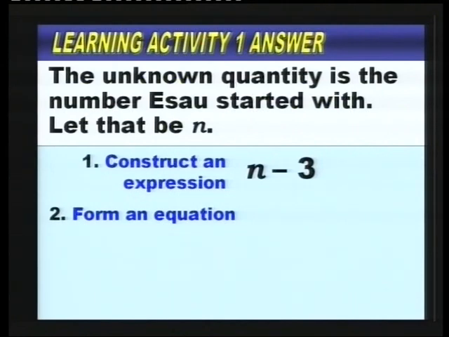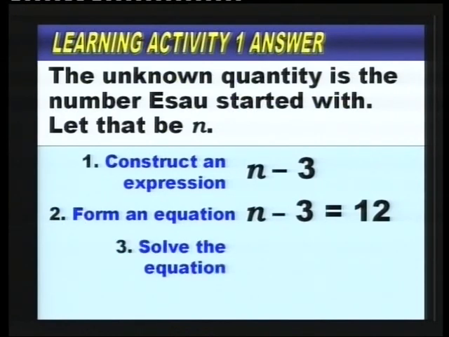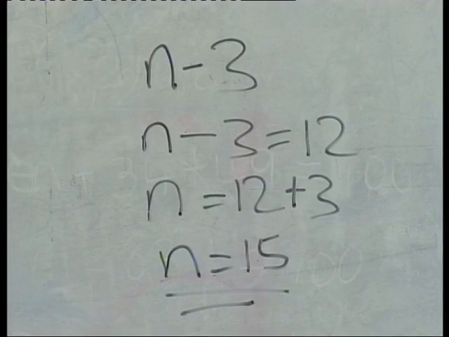An equation has an equal sign with a value: n minus 3 is equal to 12. And number three, you solve the equation. So what Emmanuel did, n minus 3 is equal to 12.